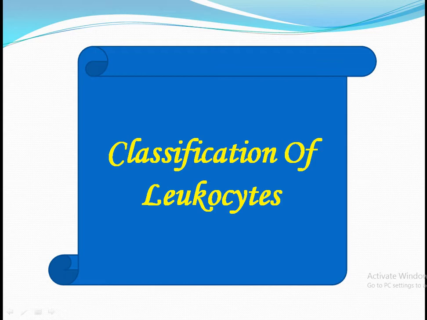Regarding classification of leukocytes, the most important thing which I want to tell you is that this type of classification is not written as such in the guidance. Again, you should concentrate on this lecture and also copy this classification.